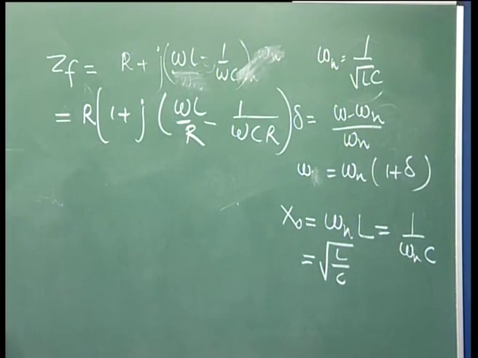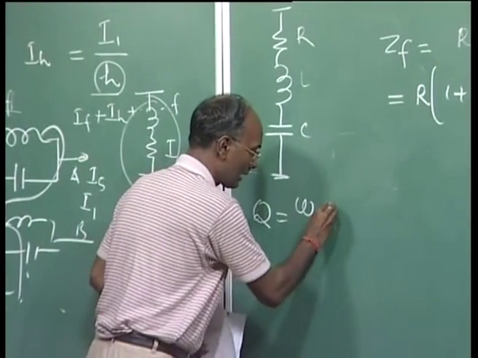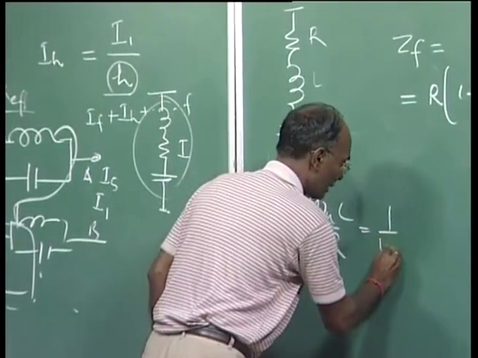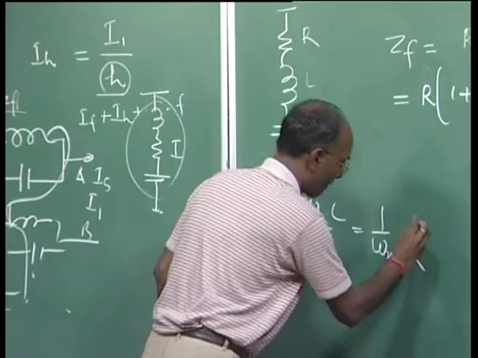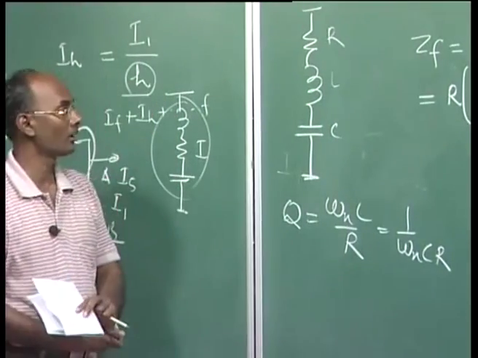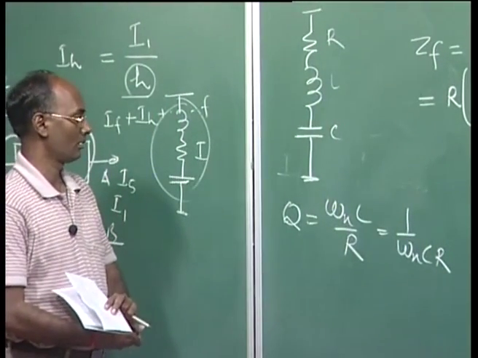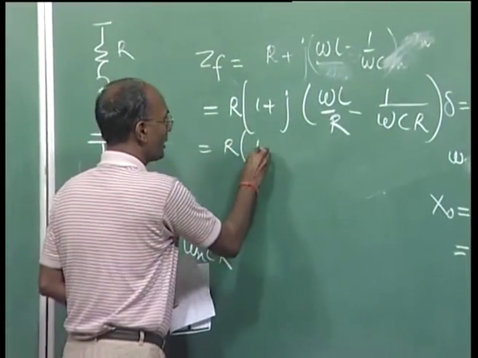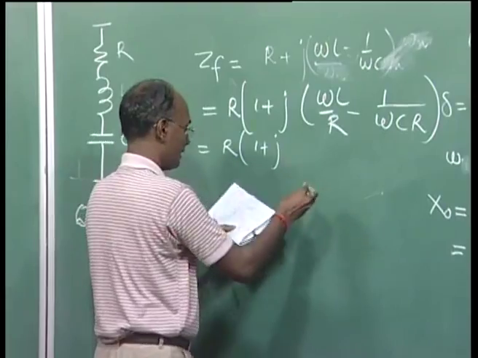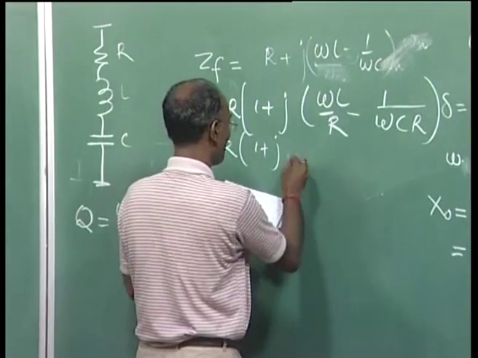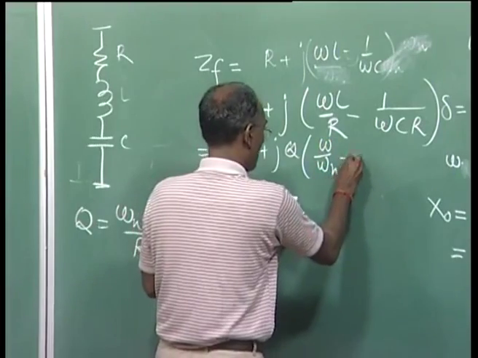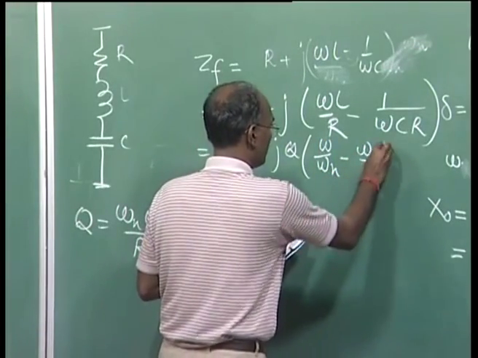The quality factor Q is defined as omega n L over R, and also it will be equal to 1 over omega n C into R. Okay, so here I can write this as R times 1 plus j, and I can take the Q outside, it is your omega by omega n minus omega n by omega.